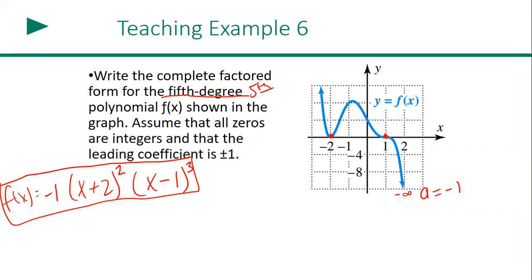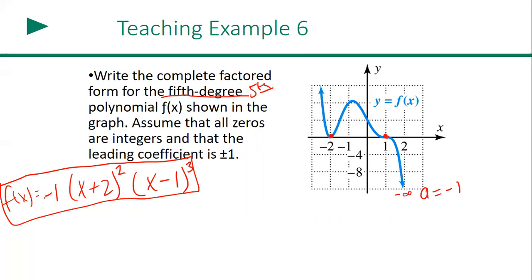So again, you're paying attention to whether it crosses, how it crosses. When I knew that I had a 5th degree polynomial, I needed it to be squared because I'm touching. And if I'm 5th degree and I know this is 2, together my multiplicity has to equal 5.